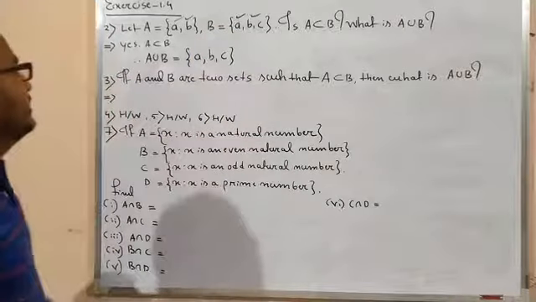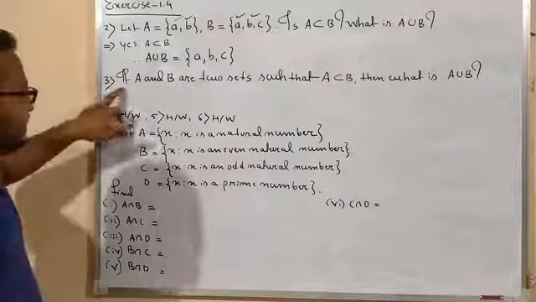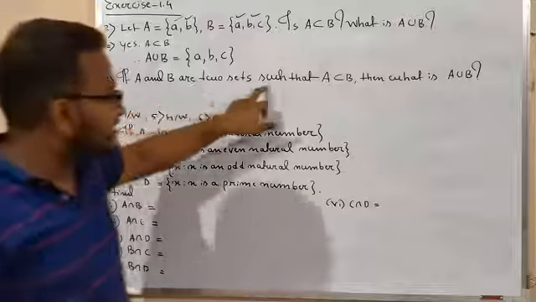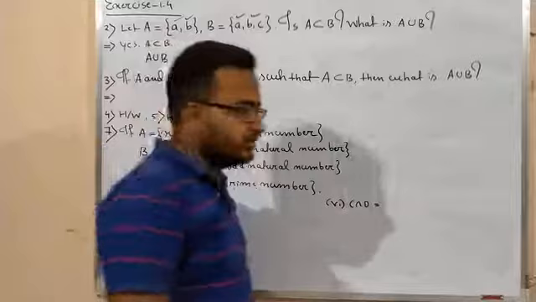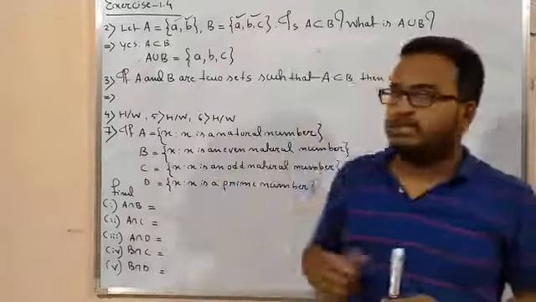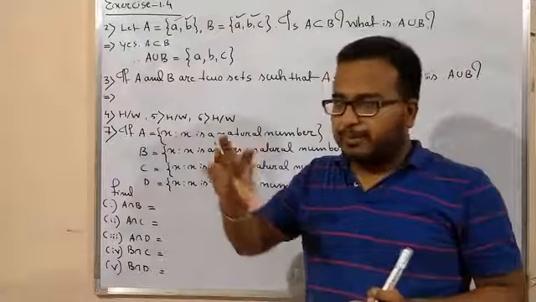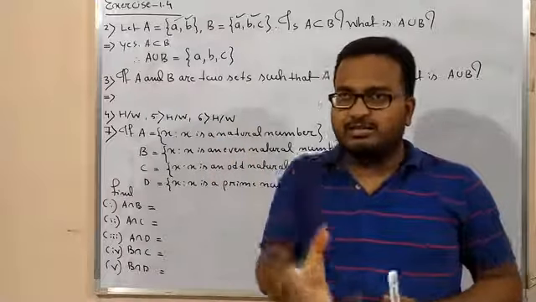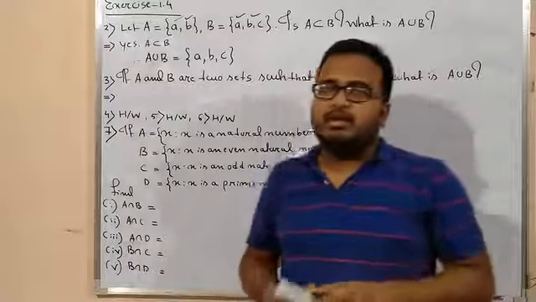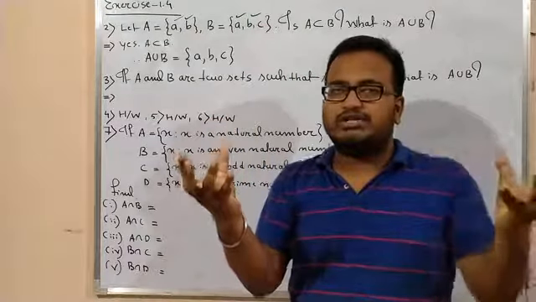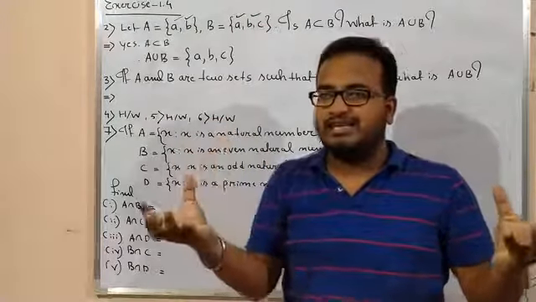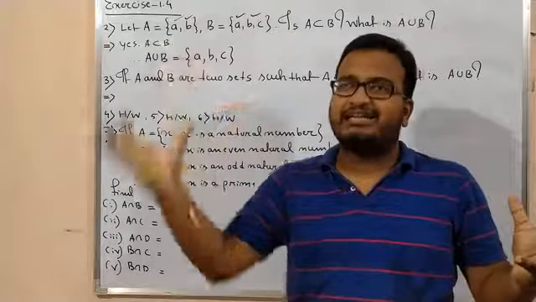Now the next question is: if A and B are two sets such that A is a proper subset of B, then what is A union B? It is a very interesting question. If a set is properly contained in another set, for example, if your classroom is one set and your college is another set, then the classroom is entirely contained in the college.